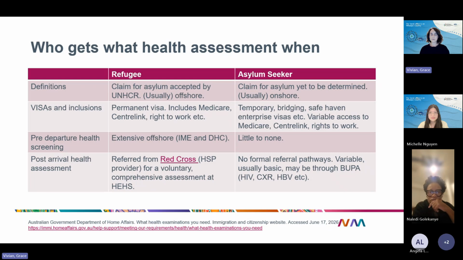This group of people have a different variety of visas, temporary, bridging, etc., and they have variable rights to Medicare, Centrelink, and so forth.